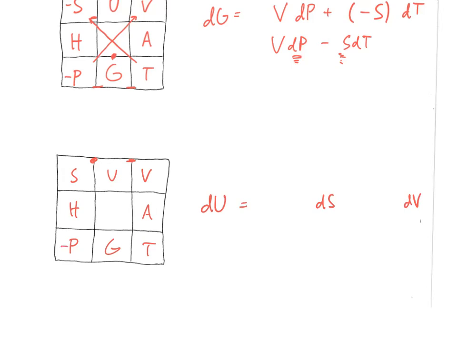And I'm forgetting my negative signs here. The opposite corner of V is going to be negative P, so then my negative P goes right there. And the opposite corner of S is going to be T, positive T, and so that goes right there. And that's it. That is the total differential of U, and you could do this for either of the other functions if you want to as well.